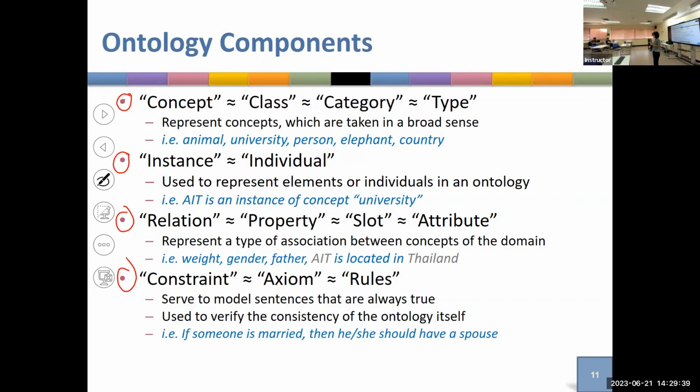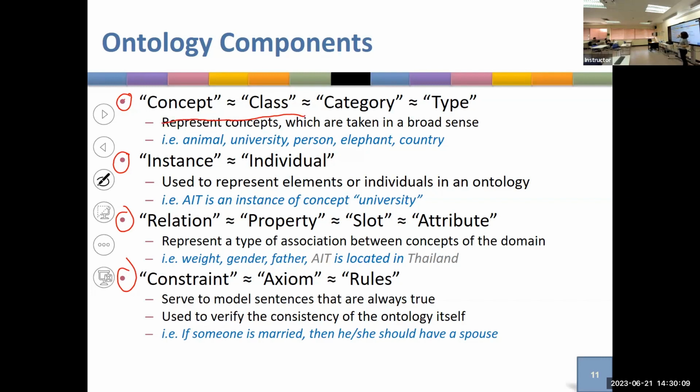When I talk about elephant, do you have any conceptualization that pops up in your mind here? Maybe draw it. Yes, but itself, what is it? It can be a concept. It can be a class, right?